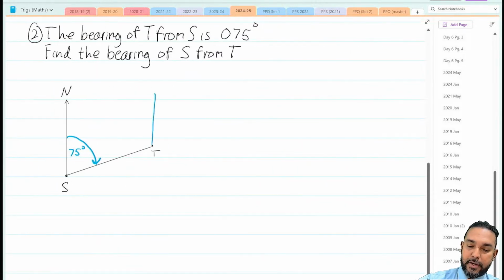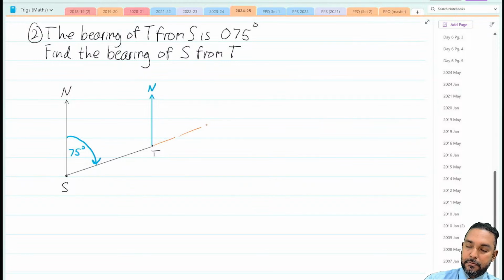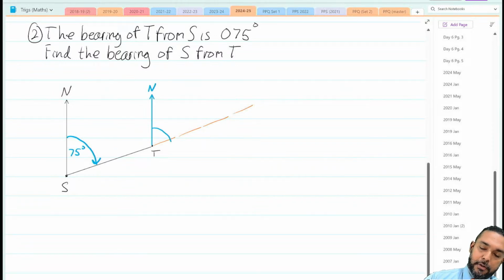All right, so let's put a north line at T. And we also want to extend the line connecting S and T. And let's draw in the angle now, the clockwise angle.